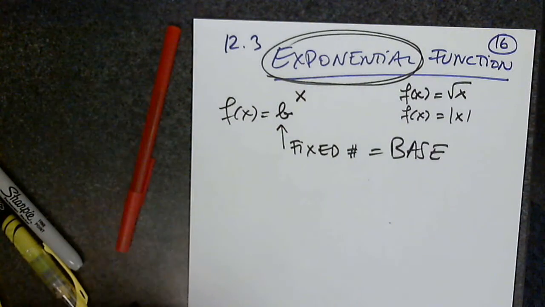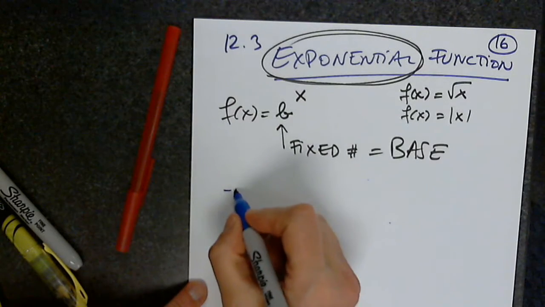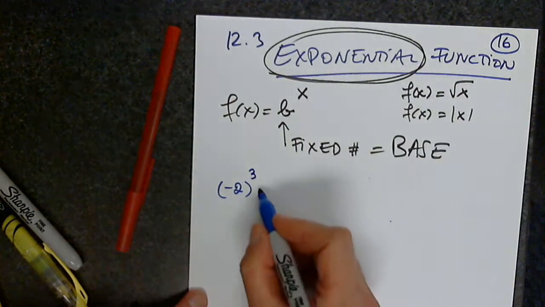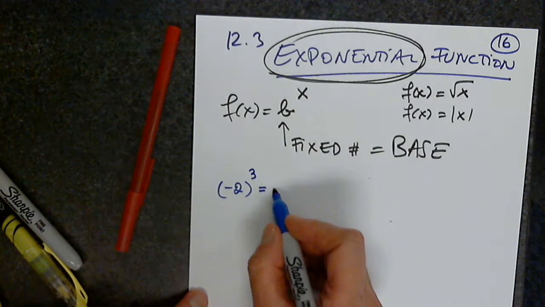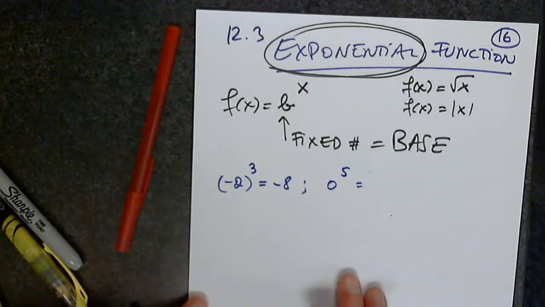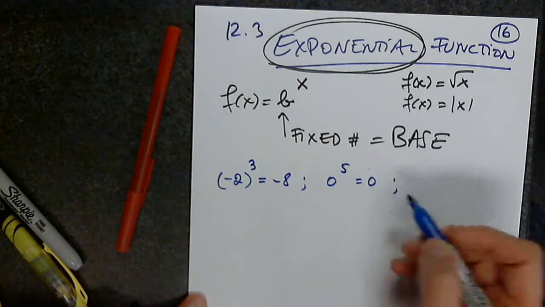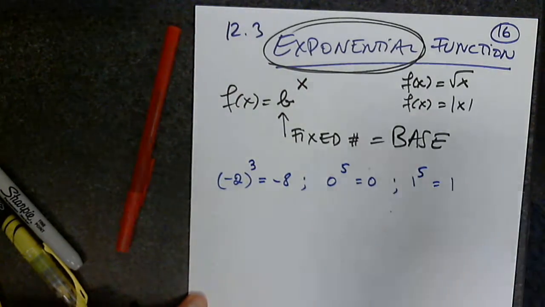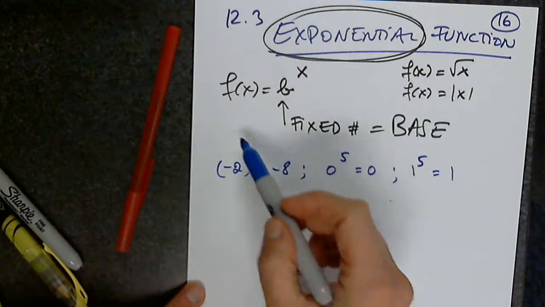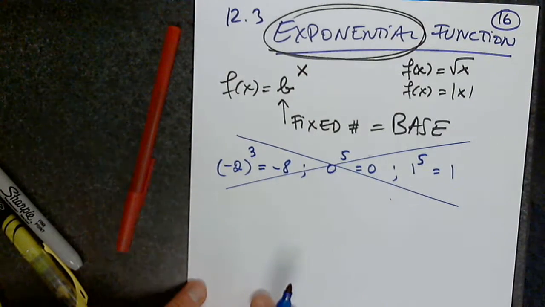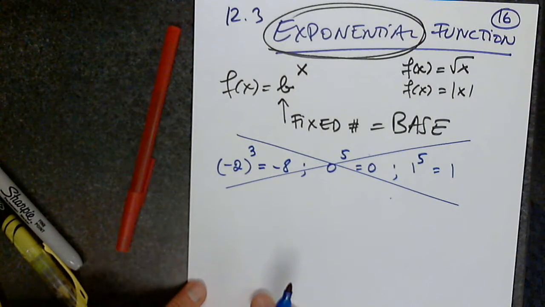Here's my next question. Can I raise negative 2 to the third power? What do I get? Negative 8. Very good. Can I raise 0 to the fifth power? What do I get? And can I raise 1 to the fifth power? I get 1. However, all these are not allowed for the exponential function, although we can perform the operations.